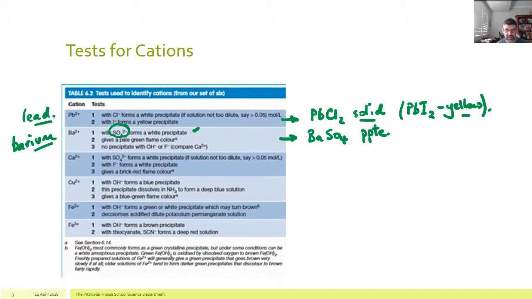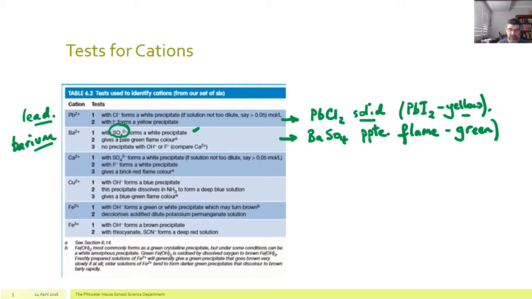But now we actually can start to add in a different type of test. And one of the other important tests that we need to be aware of that we can use for cations but not for anions is flame. So if we put some of the sample into, say, a Bunsen burner flame, and we want to make sure we turned it onto the blue flame, so there was no orange color, which was going to affect our results, then we get a sort of a pale or apple green color for barium.